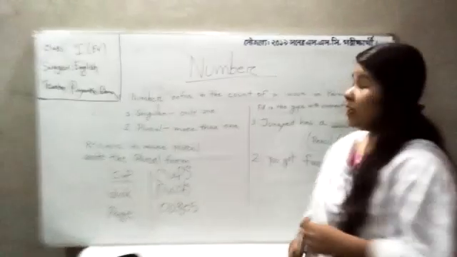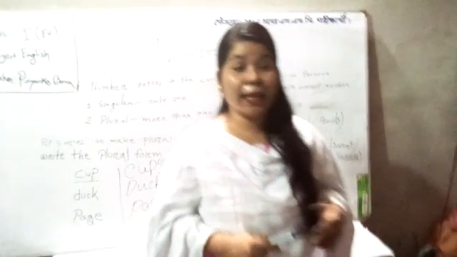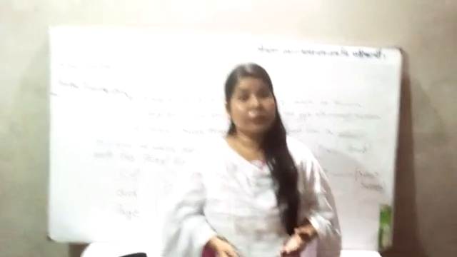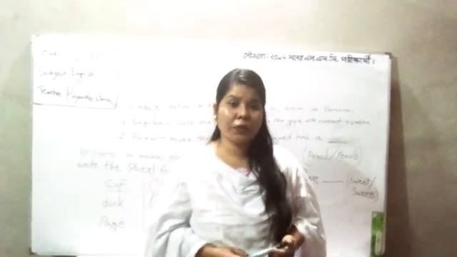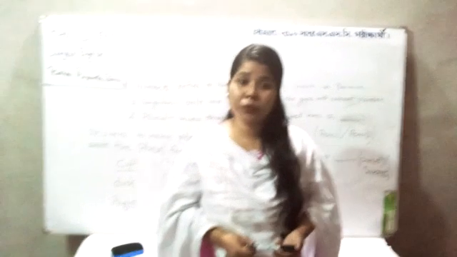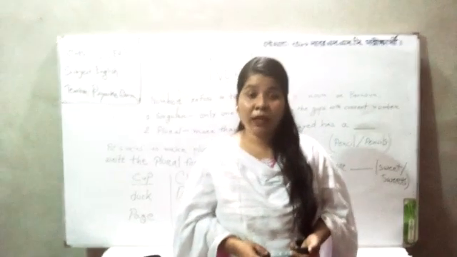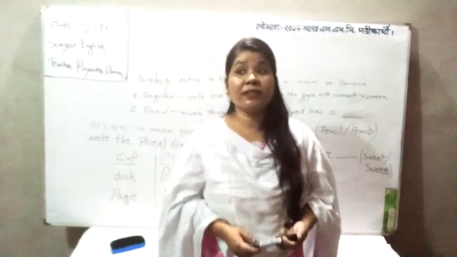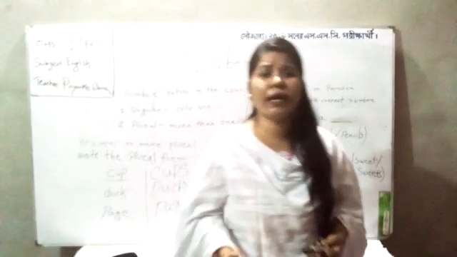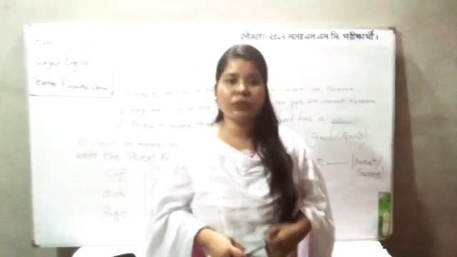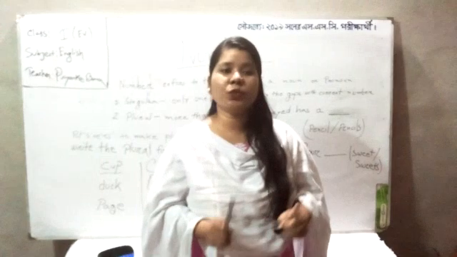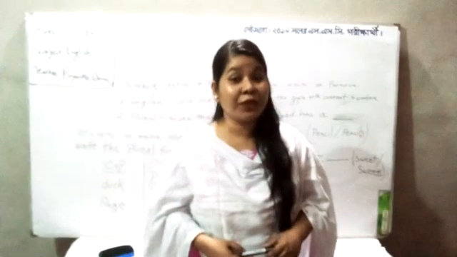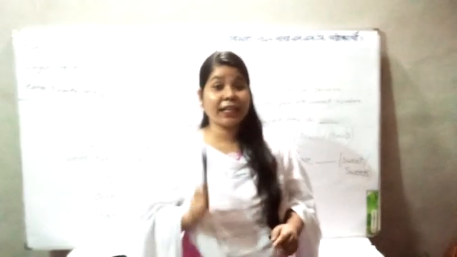So let me show you once again how you can have this question. If you get the question like fill in the gaps with the correct number, then a question may arise, meaning we have some options. Of course I will give you two options, one in singular form and another in plural form, and you have to detect the correct one.